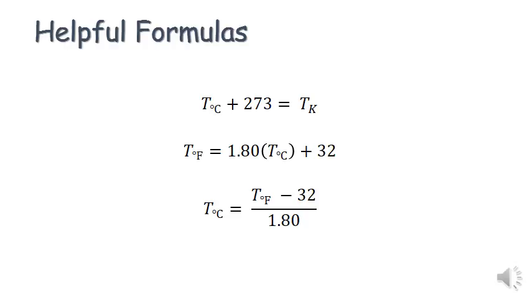The top one we just went over, the second one we saw, the third one will allow us to convert from Fahrenheit to Celsius. Please note on this bottom one, if you're referring to the helpful formulas in your book, there is an error in your book. Feel free to find it and fix it. Let me know if you decide to make that change.